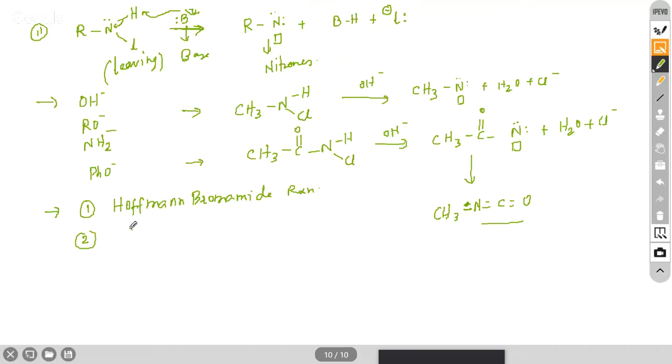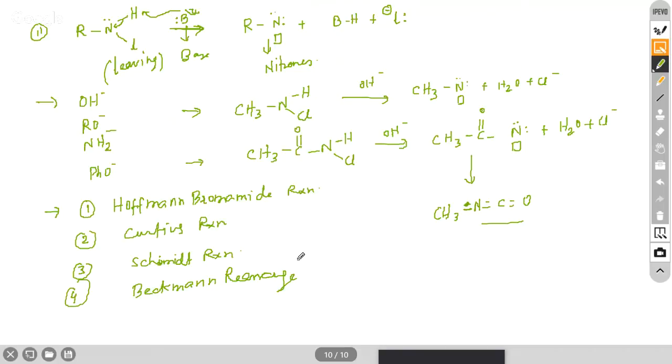This reaction we have done. Then the Curtius reaction, the Schmidt reaction, and the fourth one is Beckmann rearrangement. Beckmann rearrangement we also have done in aldehyde ketone. All these reactions follow the formation of nitrenes and the reaction proceeds. Right? Done?